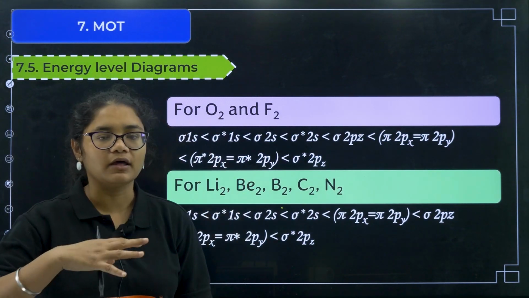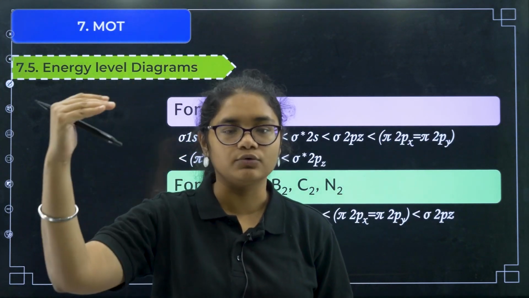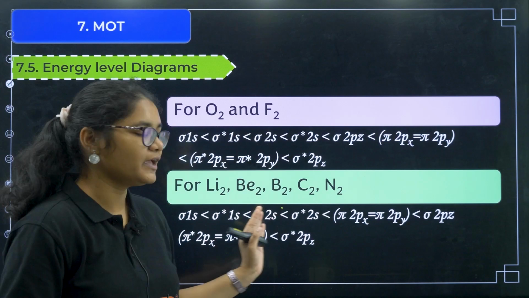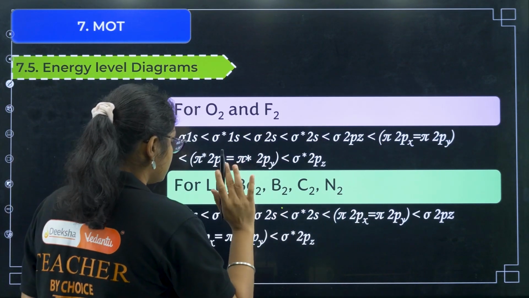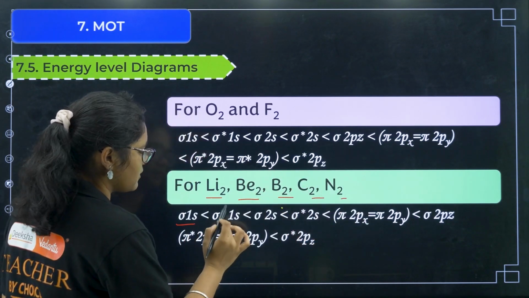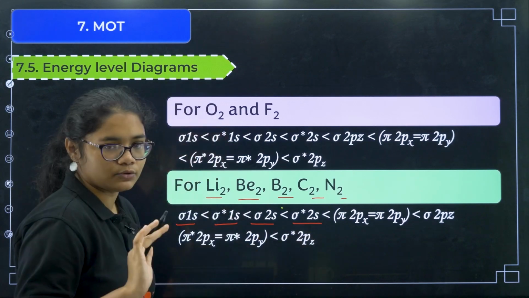Now coming to the energy level diagram, here we should be very careful. See how in atomic orbitals we have the energy levels, right: 1s, 2s, then 2p, 3s, 3p. Similarly in molecular orbitals also we have an energy level order, okay. For lithium, beryllium, boron, carbon, nitrogen, we follow the order: first sigma 1s, then sigma star 1s, then sigma 2s and sigma star 2s.